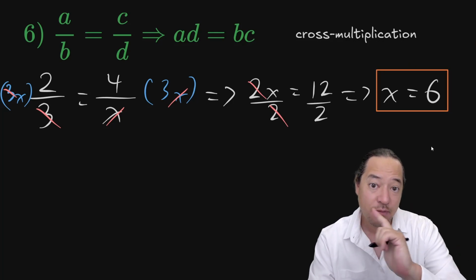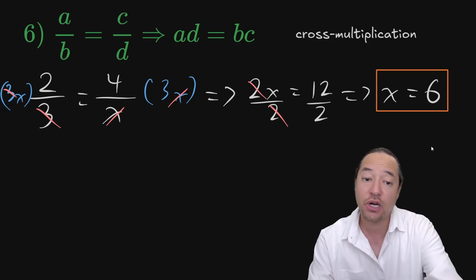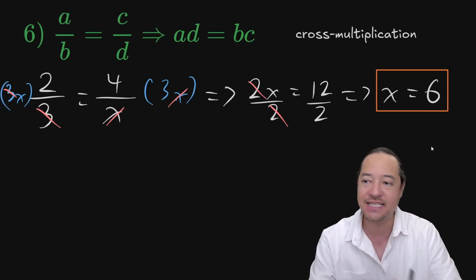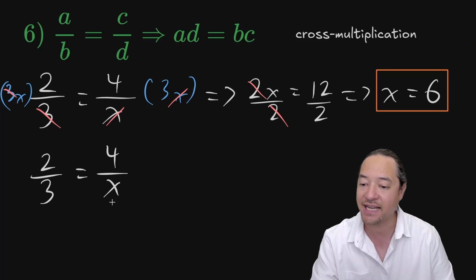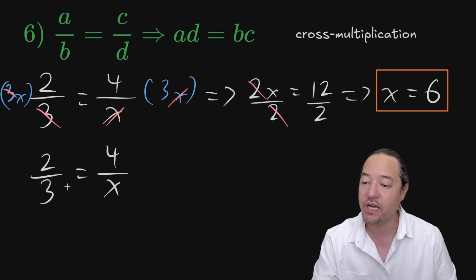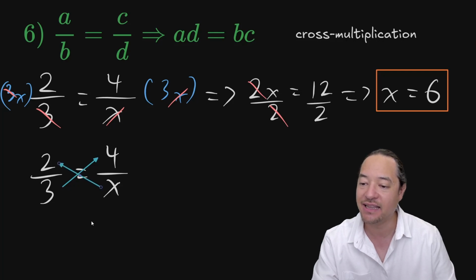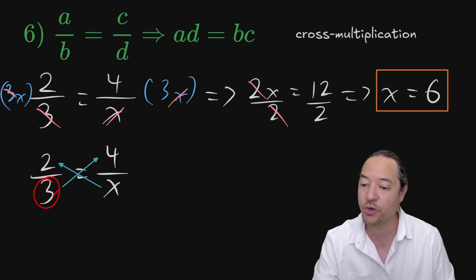This sixth property is basically a shortcut way of doing what I just did. We have 2 over 3 is equal to 4 over x, and what we're going to do is cross multiply like this. We take this denominator here, this 3, and multiply it with the numerator here.